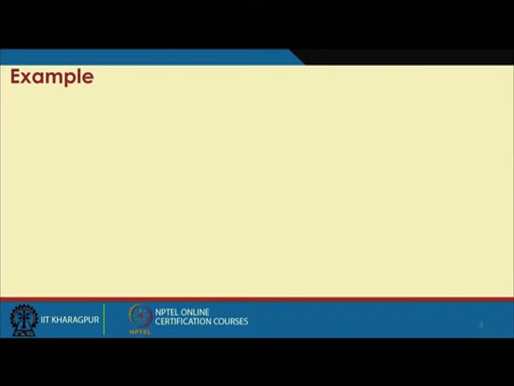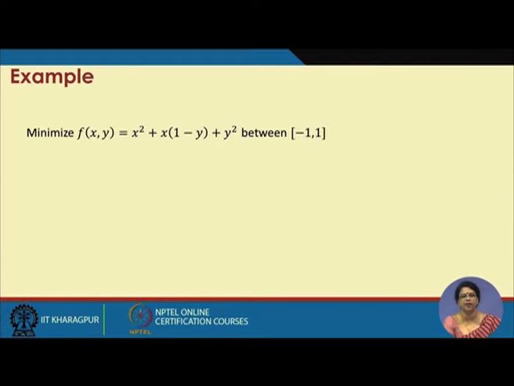Now for doing that, I have taken one example. We are trying to minimize f(x, y) = x² + x(1 − y) + y², and we need to find the minimum value within the range −1 to 1.